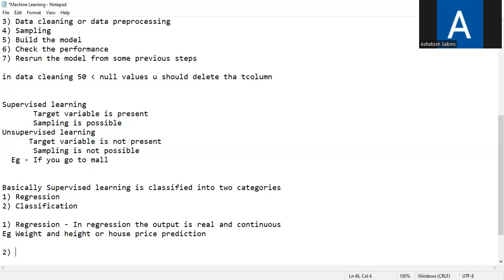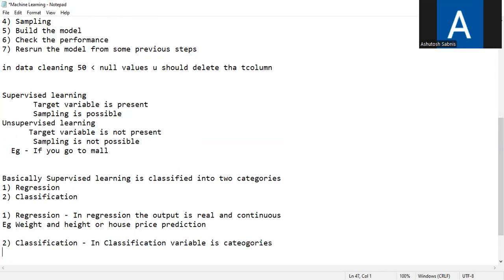And the second one is classification. In classification, the variable is categories. You may understand by reading this sentence.